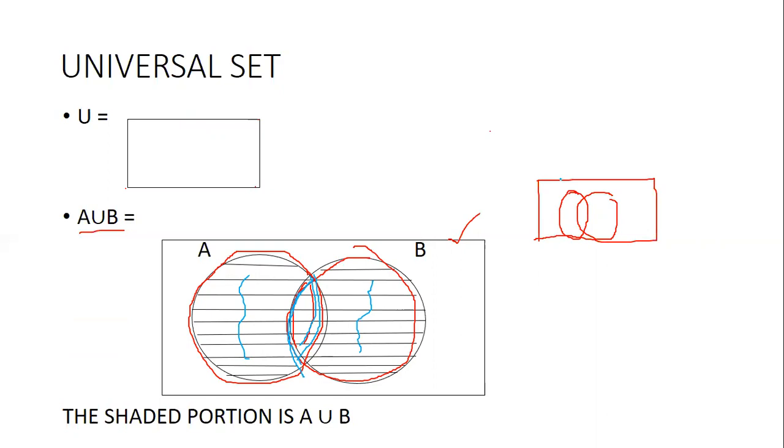So first we draw the universal set, then set A, that's one circle, and set B, the other circle, and then we shade the portion which represents A union B. In A union B, first we consider all the elements of A, that is this first circle, and then we consider all the elements of B.